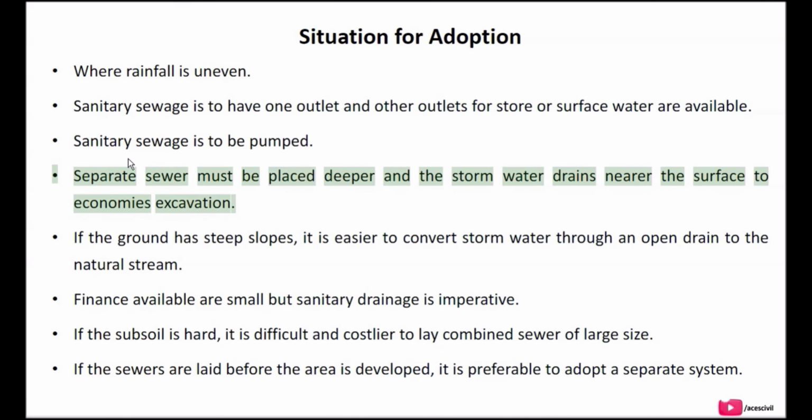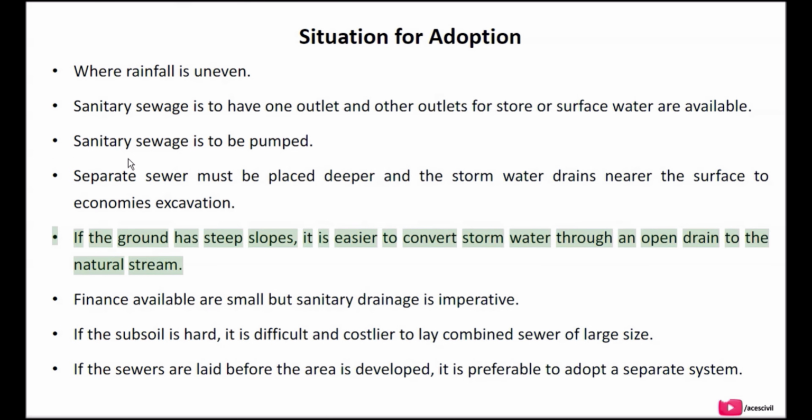Separate sewers must be placed deeper and the storm water drains near the surface to economize excavation. If the ground has steep slopes, it is easier to convey storm water through an open drain to the natural stream.